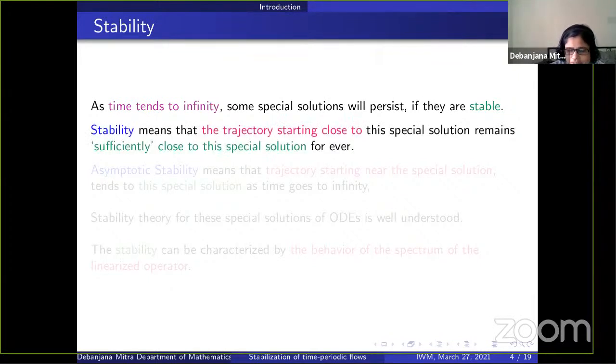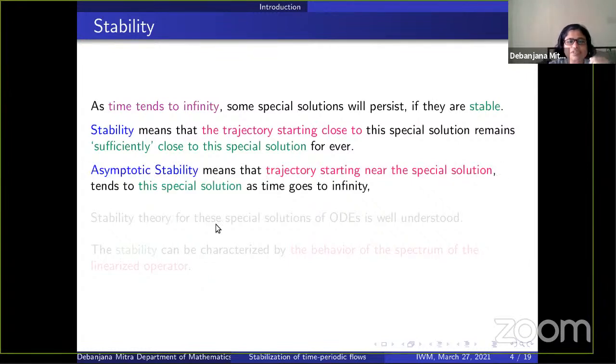I avoid the technical details here, so heuristically, stability means that a solution trajectory starting close to this special solution remains sufficiently close to it forever. That is the stability property of the system.